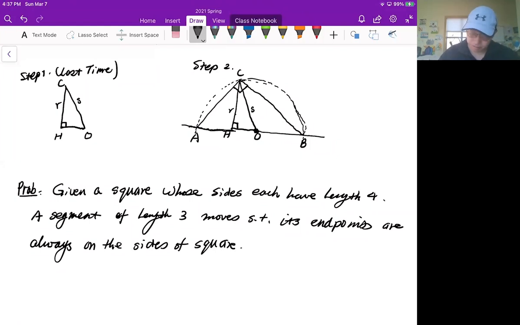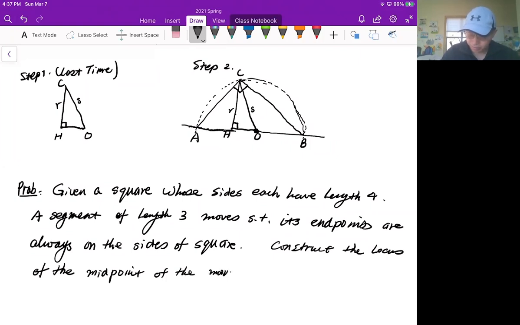Okay, so let's construct the locus of the midpoint of the moving segment.